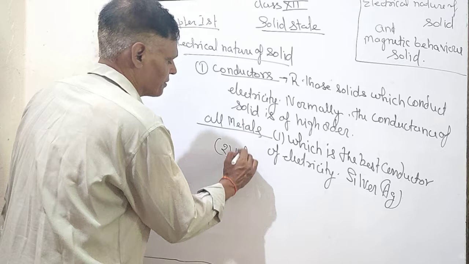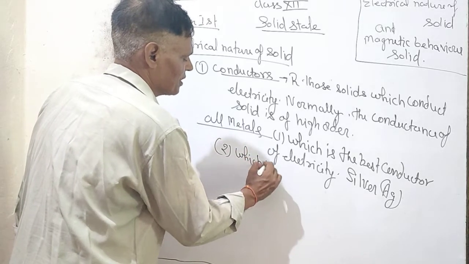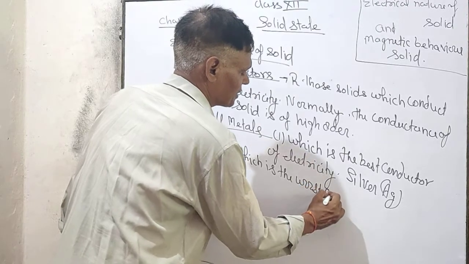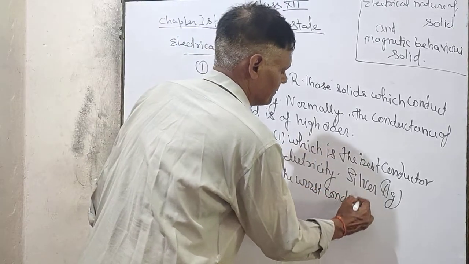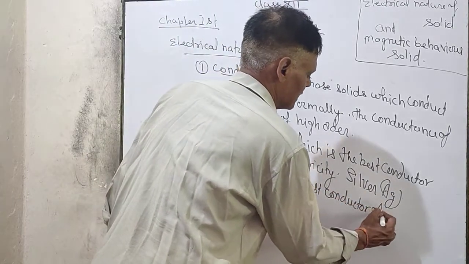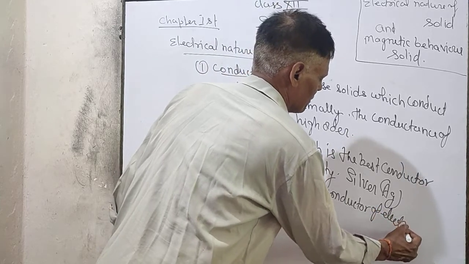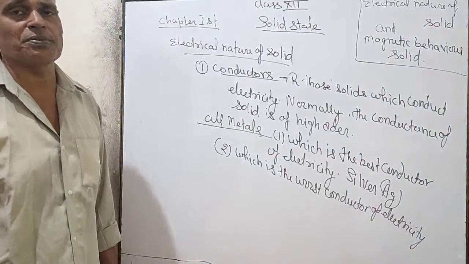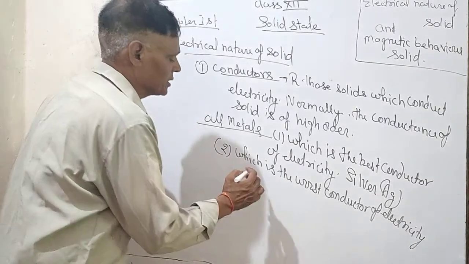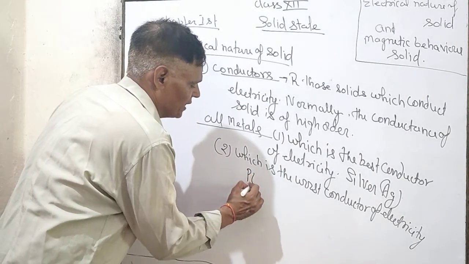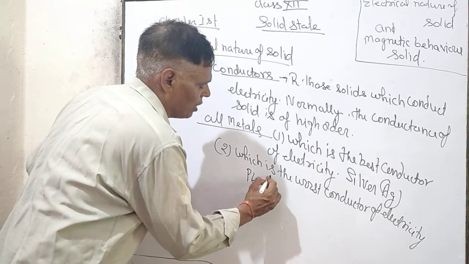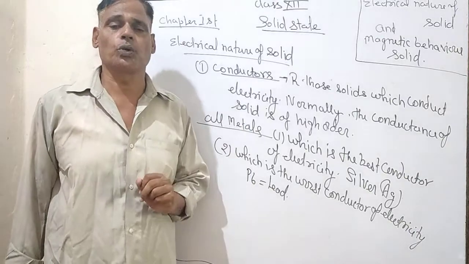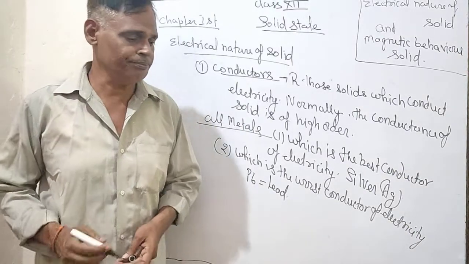The answer to the first is silver, represented by Ag. The worst conductor of electricity is Pb, that we call lead. This is what about conductors.